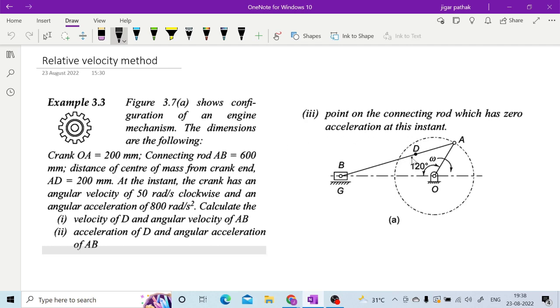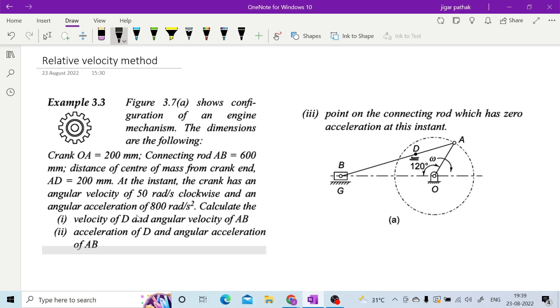This D is a point on the link. For that also they are asking to find velocity and so on. That can be calculated by the simple relation of link lengths and the data we get on the velocity diagram, right? We will see how we get that.